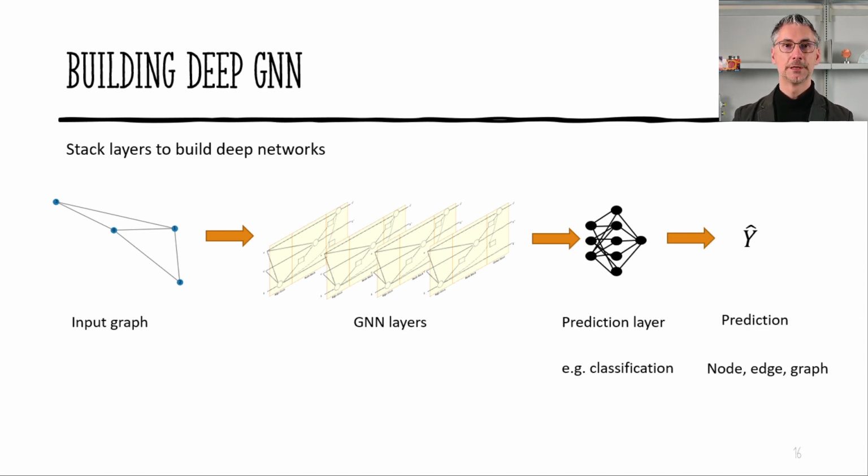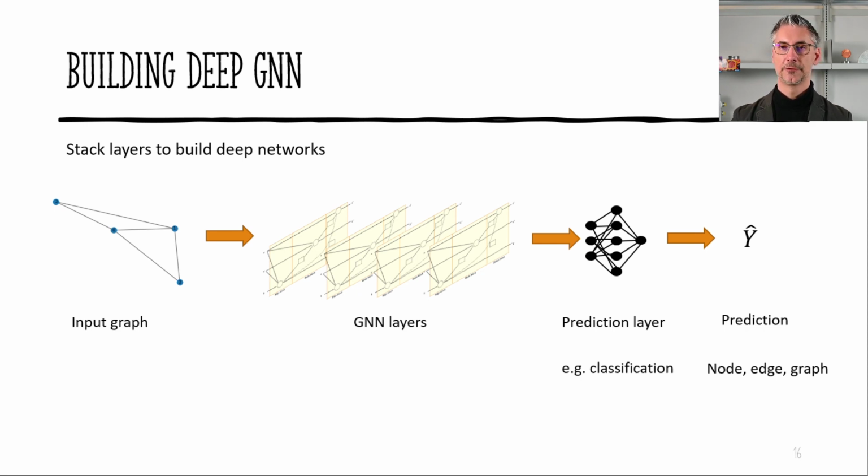And then, just as we did with convolutional neural networks, we put a small feed-forward network in the end, the prediction layer. Remember that in convolutional neural networks we had the input images, then the convolutional part that essentially builds us features, and then the classification head, for example, to classify if this is a cat or a dog.